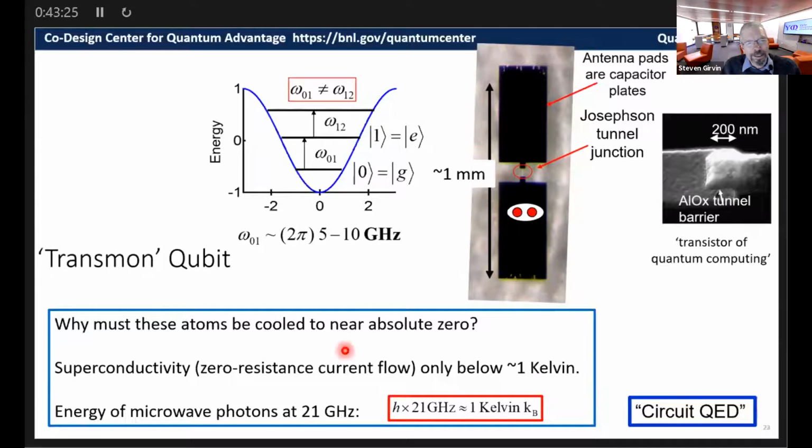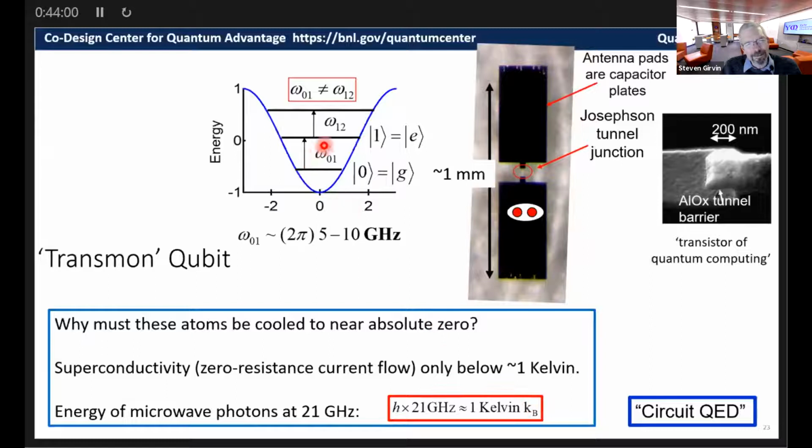Why do we have to cool these things down to near absolute zero? Well, first, the aluminum becomes superconducting only below about 1 Kelvin, just above absolute zero. And also, the small size of Planck's constant, which connects frequency and energy, means that microwave photons at 21 gigahertz have an energy that's comparable to the thermal energy that's around when you're at 1 Kelvin.